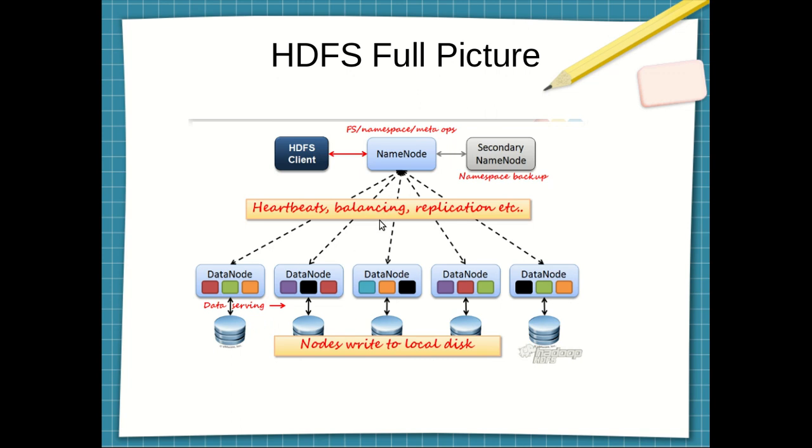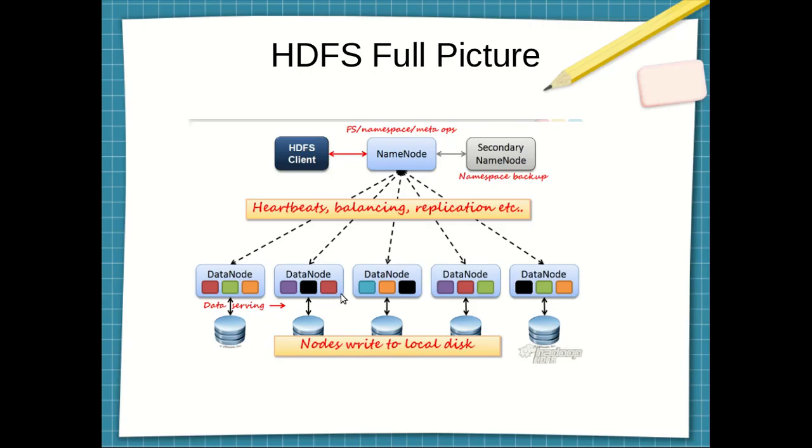To overcome this problem, what does the NameNode do? In case of failure of this particular block, once it starts going back to this backup node, it creates a copy of this block on another data node. Let's say this data node, so we have another copy here. Let's say this failed.